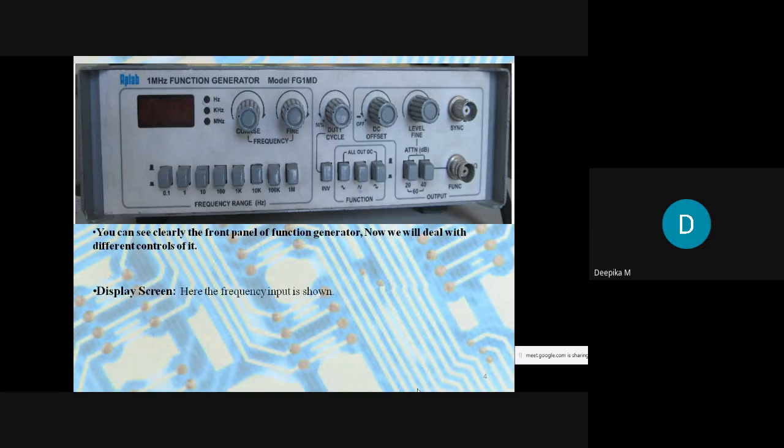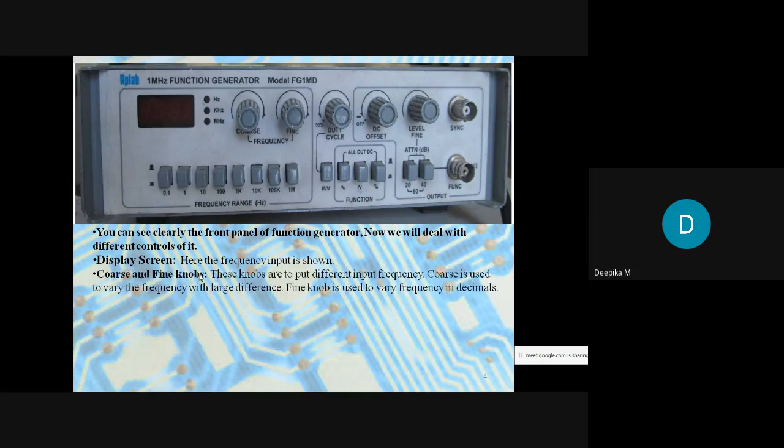The function generator consists first of a display screen. This display screen is used to display the frequency which we have selected. And we have coarse and fine knobs. The coarse adjustment knob is used to vary the frequency in terms of large differences.